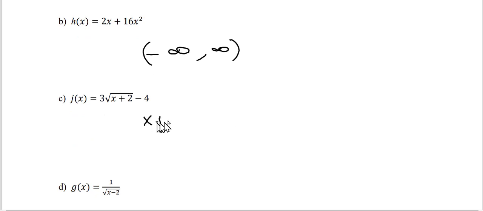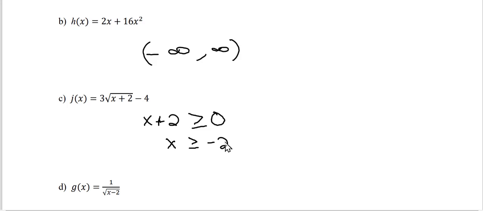On this one, with the square root, our x plus 2 has to be greater than or equal to 0. It's okay for a square root to have a 0 inside it. So we can have the x plus 2 equaling 0, but it also can't be less than 0, so you don't have a negative inside the root.